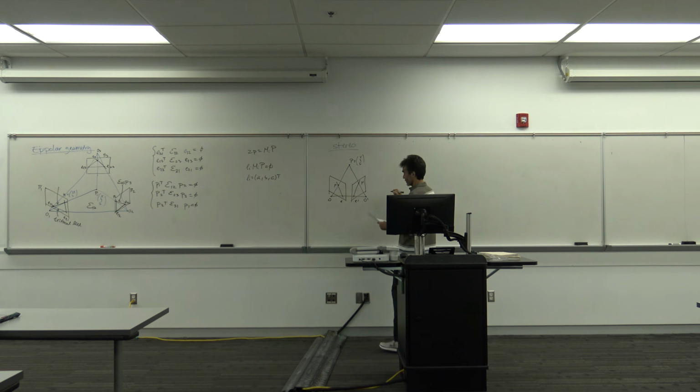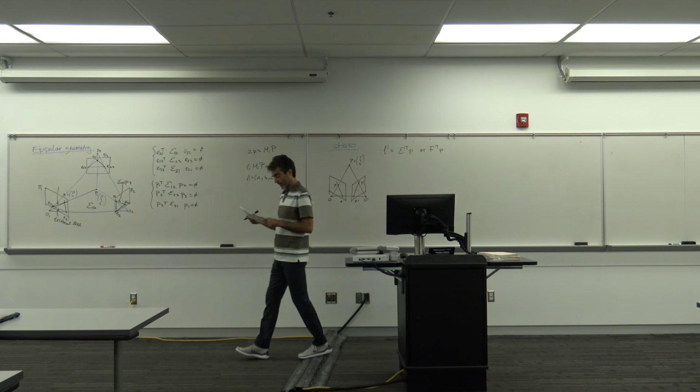Okay, so I'm going to write the equation of the epipolar line, which remember is E transpose times P, or you could say F transpose P, same thing, whichever you have.